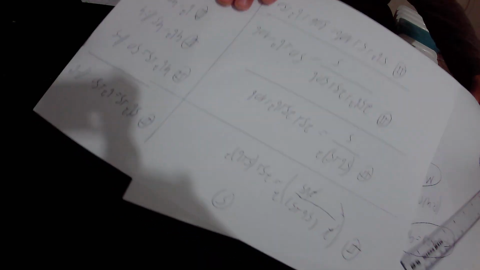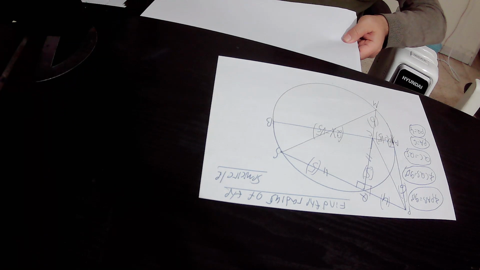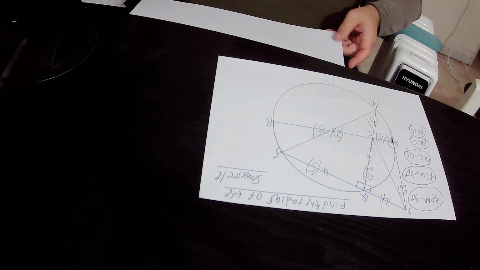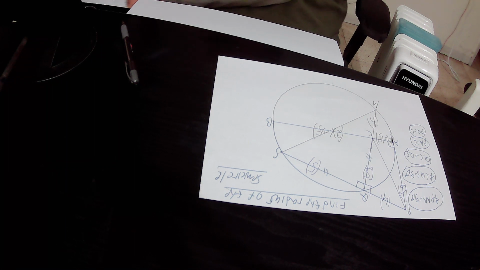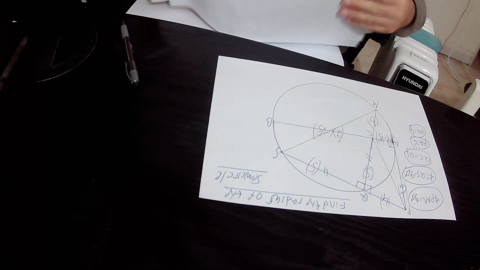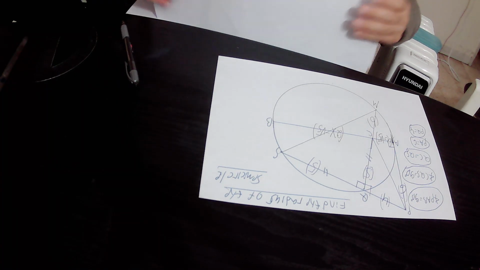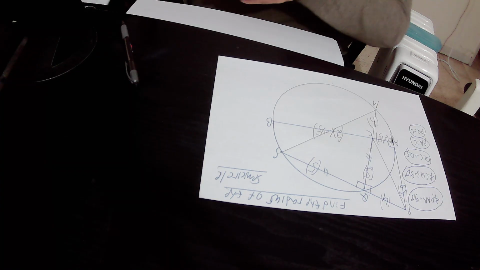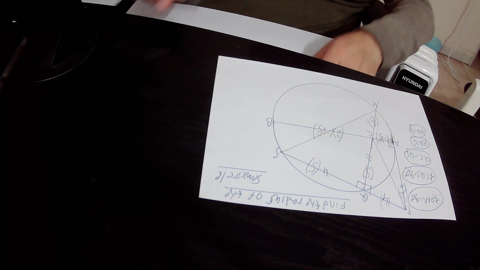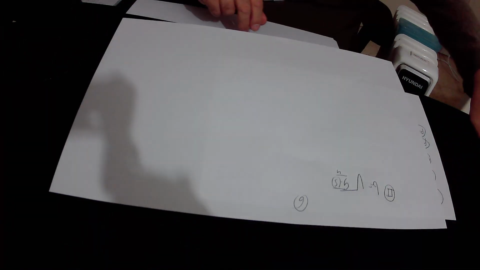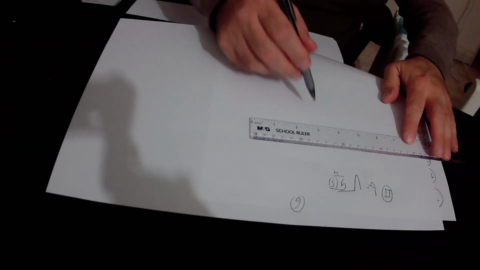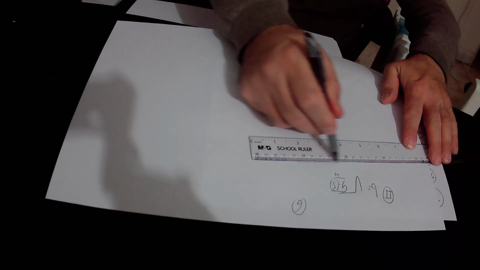Repeat again: we found out that according to equation number 2, b equals the square root of 9 times 5 over 4.